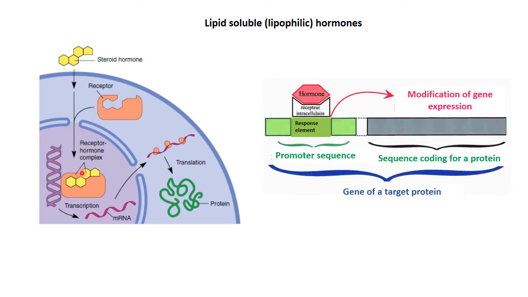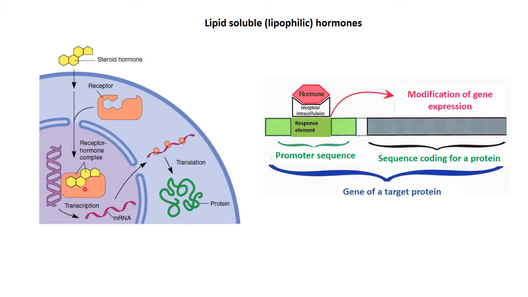In fact, this binding of the hormone to its receptor will expose the DNA binding region of the receptor to the outside. So this region of the receptor that can bind to the DNA will be exposed to the outside and can bind to specific regions on the DNA. And in this way, it can regulate the expression of certain genes.